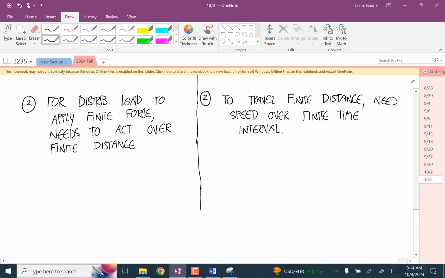If you're trying to visualize what a specific instantaneous speed means, so this is kind of like an intuitive meaning of instantaneous speed.